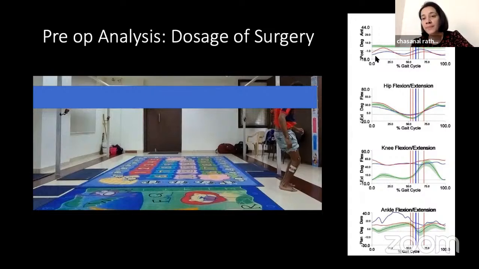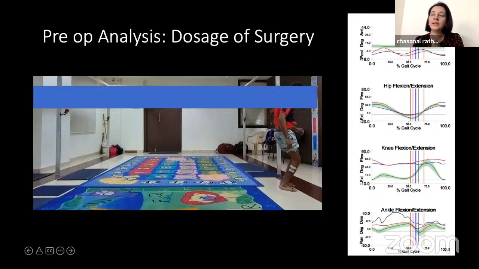And hence, based on this, we can plan in a young child if simple hamstring lengthening and transfer will help, or only a hamstring lengthening is okay, or do we need to do a bony surgery right away. So this graph helps us to define a dosage of surgery in varying amounts of crouch.